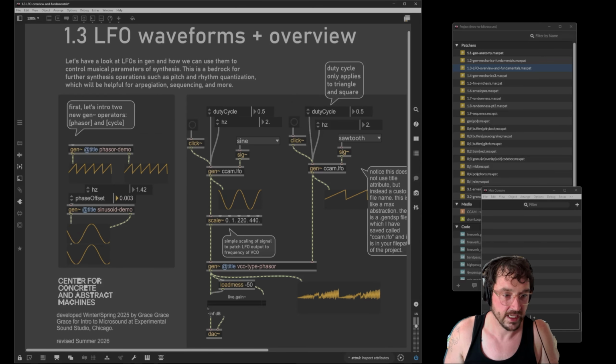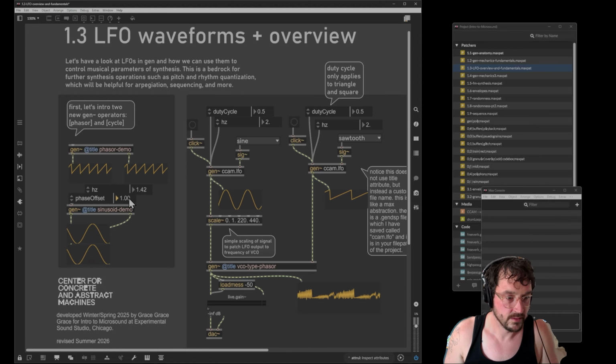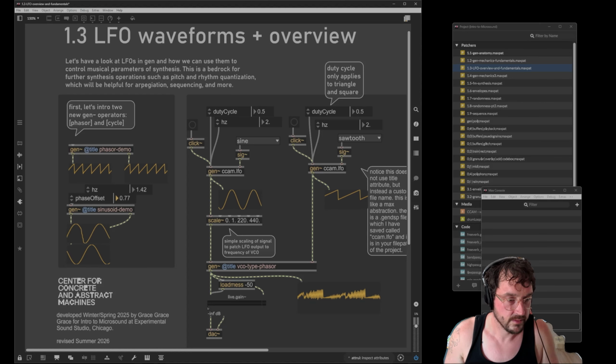So I can move this here, and these should be going out of sync. If we go to 0.5, they are 100% out of sync, or 180 degrees off phase.